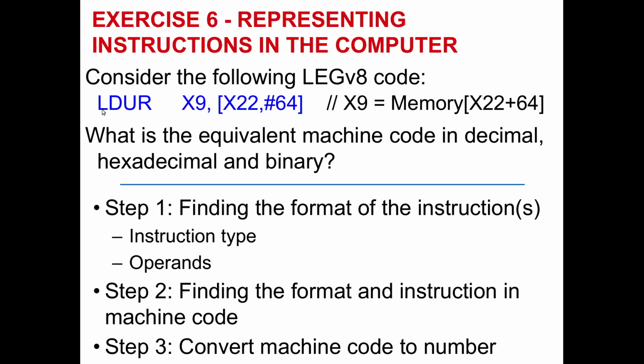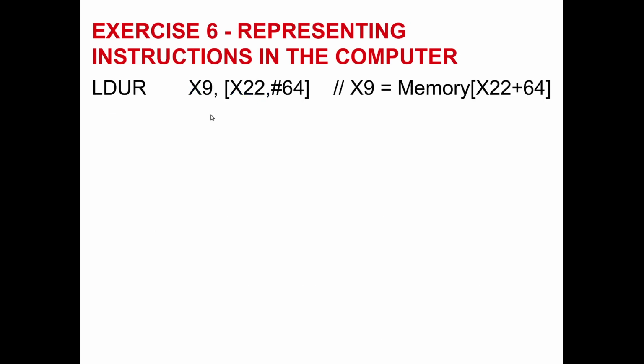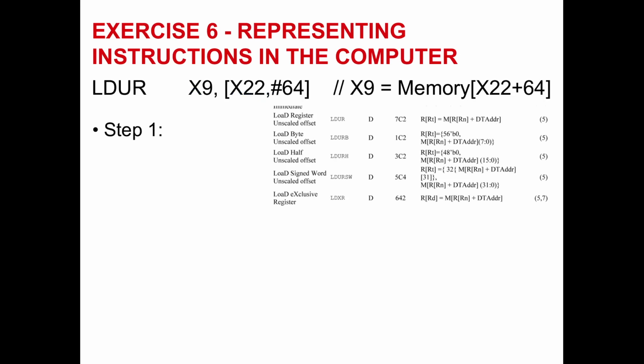And of course we know that this instruction will be in another format, and we will follow the same 3 steps to know what is the machine code for this one. At the first step, we need to look into the instruction table, and then we try to find the LDUR instruction.